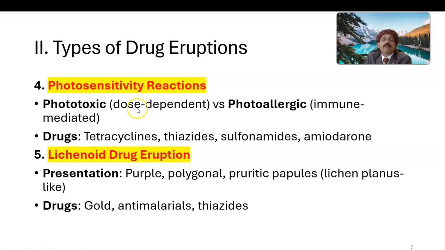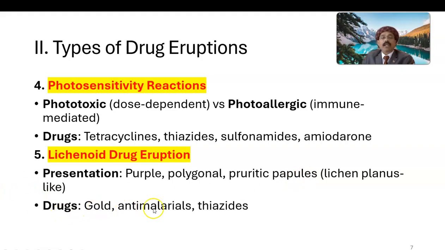Photosensitivity reaction: dose dependent phototoxic versus photoallergic immune mediated. Drugs like tetracycline, thiazide, which is a diuretic that increases the output of urine, sulfonamide, an antibiotic, amiodarone used in cardiovascular conditions. Okay. Lichenoid drug eruption presentation: purple polygonal pruritic papules, lichen planus-like.